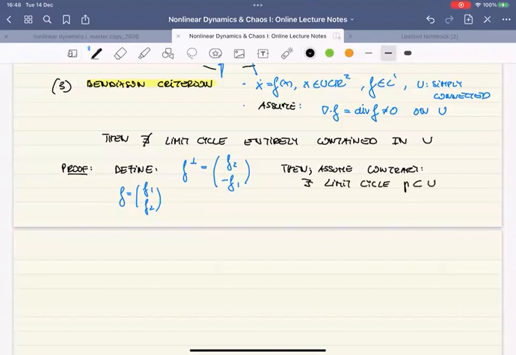Gamma entirely in U. The consequence is that if you then take the integral over gamma, a closed integral of the vector field F perp dot dr. If you parameterize that using the trajectory on gamma, here's gamma as an object, but you can just pick an individual solution running on gamma, x of t, which is the same as x of t plus some capital T.